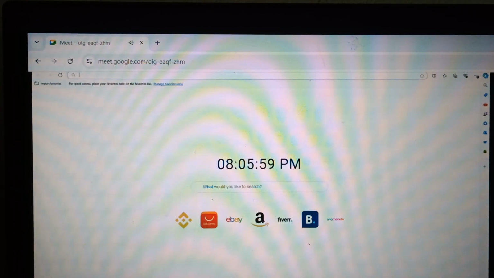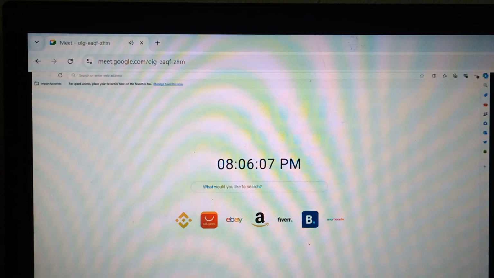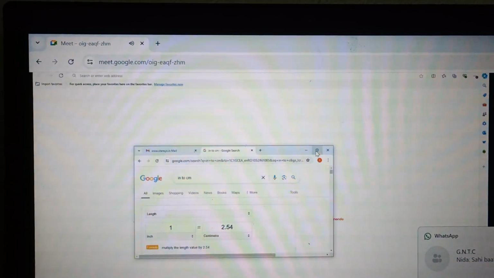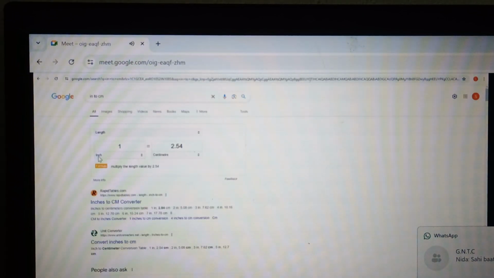Okay, as you can see, 1 inch equals 2.54 centimeters.